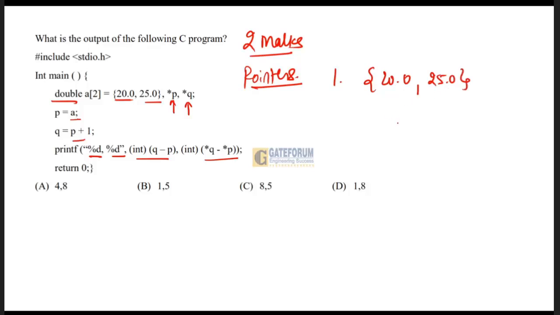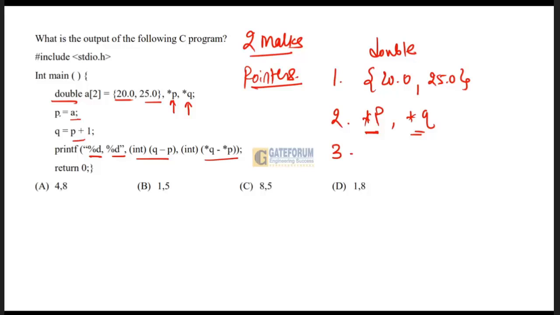So we are initializing an array with two double values like this. After that, we declare *P and *Q. These two pointers P and Q are created here, declared as a double data type.